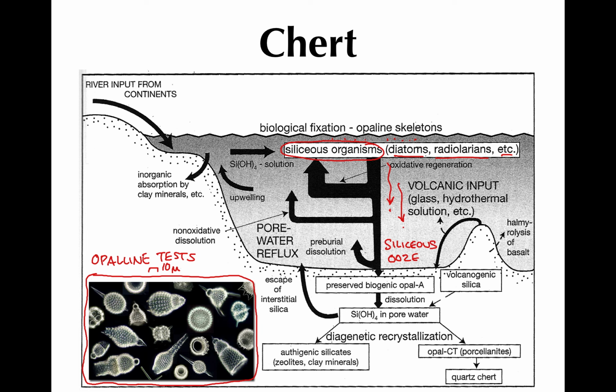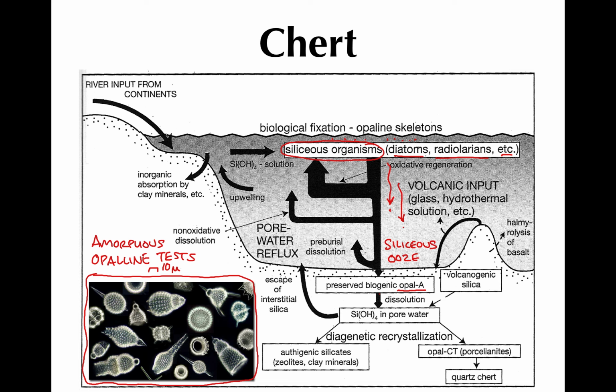As those tests get buried, they go through a series of transformations. First, that unlithified ooze is converted to a more crystalline opal A form, one structure of opal. Again, still hydrated silica, but more crystalline than the amorphous silica that those tests are made out of.